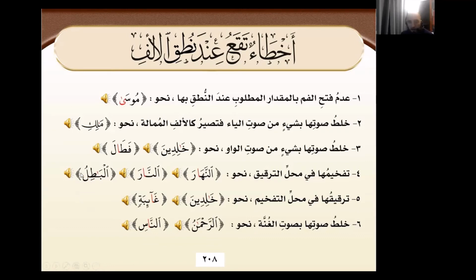Same thing here with الباطل, because we're making the ba emphatic when it shouldn't be. Ba is a light letter; it should be ba as opposed to the emphatic ba. But we often hear people saying al-batil, because the ba is followed by an emphatic letter, ta. That's why people who haven't studied Tajweed will say al-batil.